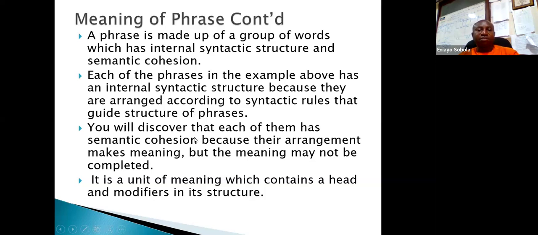Another thing is that we discovered that each of them has semantic cohesion. The way they are arranged, they must make meaning. Though the meaning may not be complete, it must make meaning. Like we said, a phrase is a unit of meaning which contains a head and modifiers in the structure. It has meaning, but the meaning is not complete.